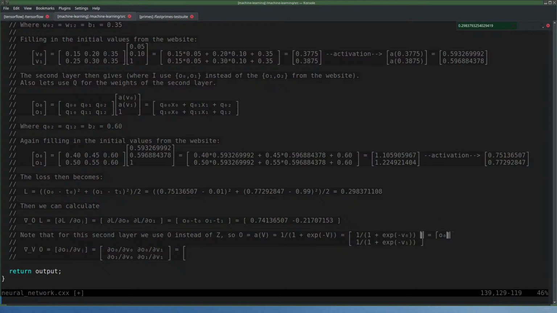I think I'm going to use spaces when it is a matrix, like here, and no spaces when it is a vector, like here and here. O1. Where's my 1? Here's a 1.